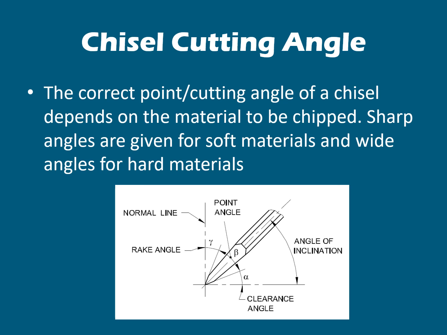Chisel cutting angle. The sharper the angle, the sharper the chisel, the better it will cut. The correct point or cutting angle of a chisel depends on the material to be chipped. Sharp angles are given for soft materials and wide angles for hard materials.